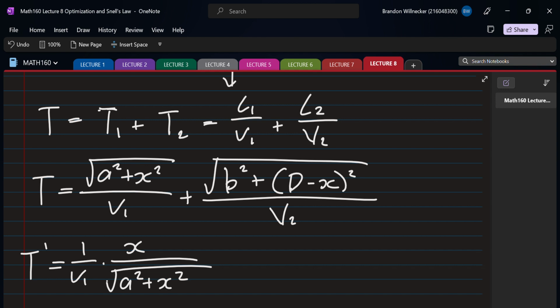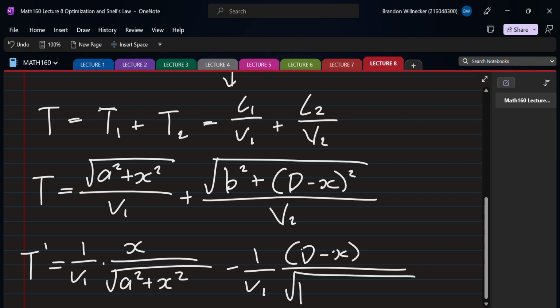Okay, so the 2 from the chain rule will cancel out the 2 from when we take the root down. Please, if you need to go through this step by step, do that. And then we're going to have minus 1 over v2 times d minus x over the square root of b squared plus d minus x squared.